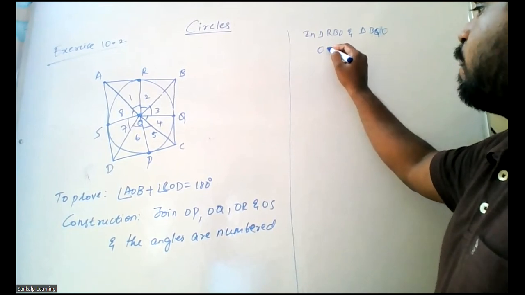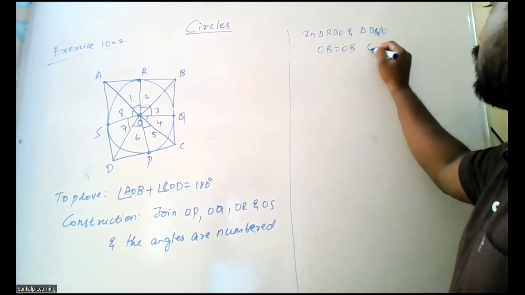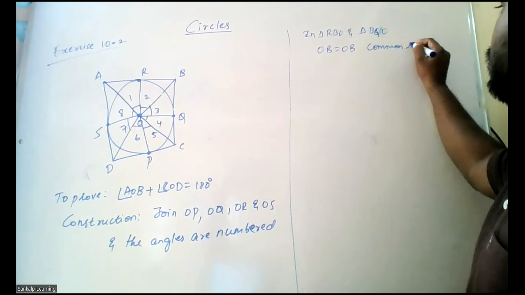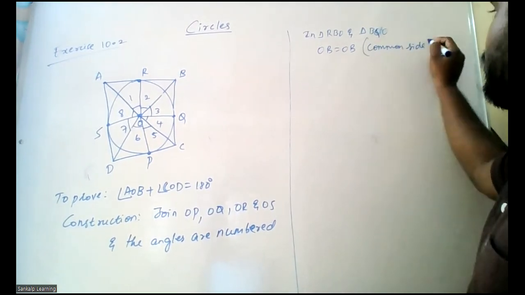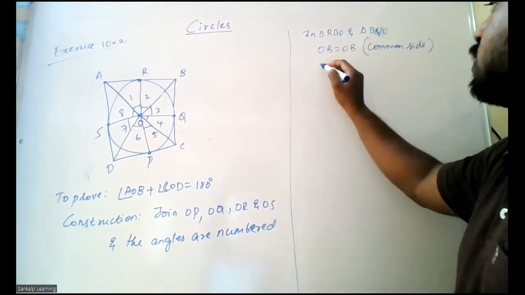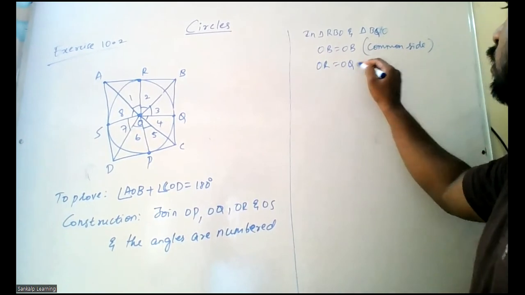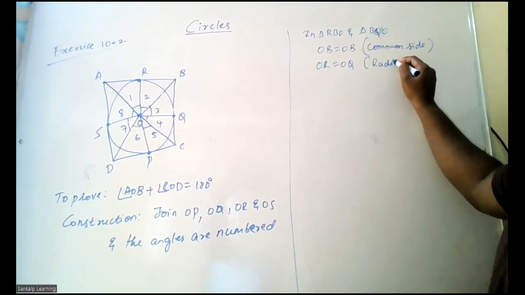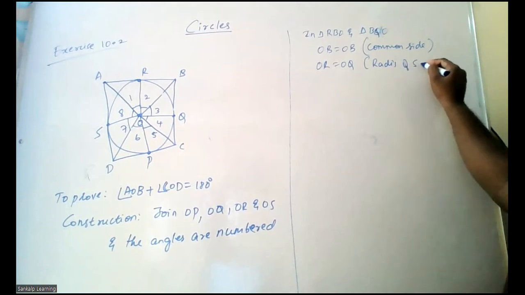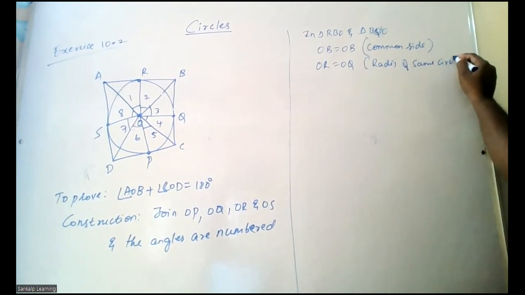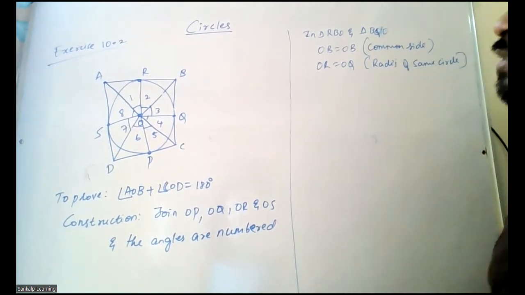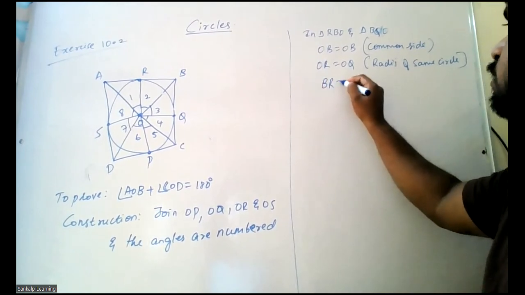So OB is equal to OB, common side, isn't it? Then what do we get? OR is equal to OQ, radii of same circle. Then BR is equal to BQ.